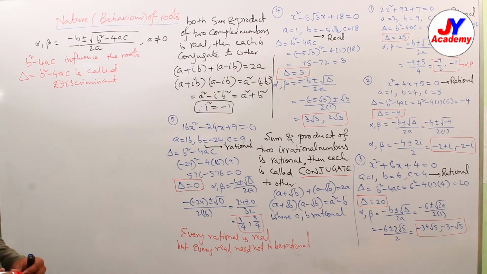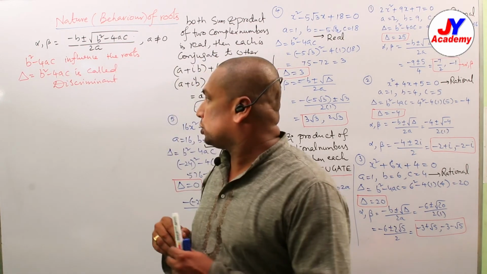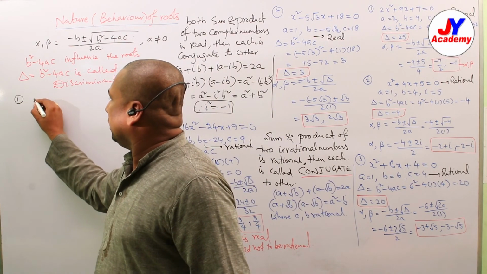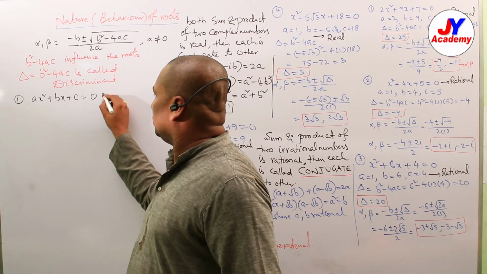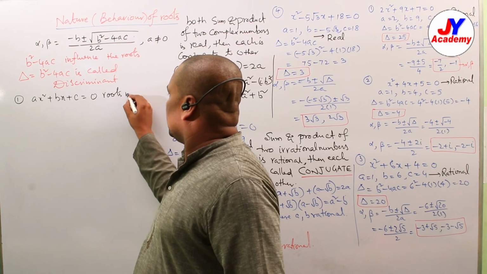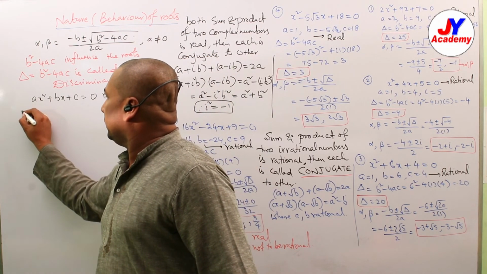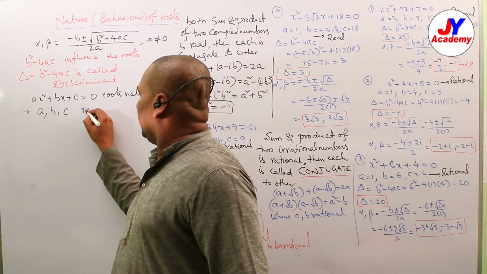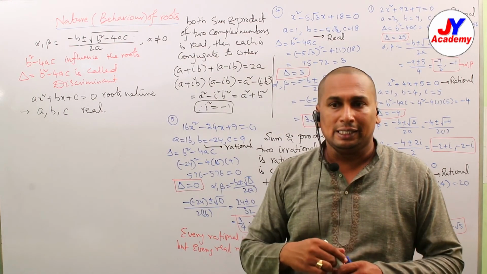Okay? So based on the discriminant, we can observe the behavior of roots. First one: the nature of roots of ax square plus bx plus c equal to 0. Here A, B, C are real.